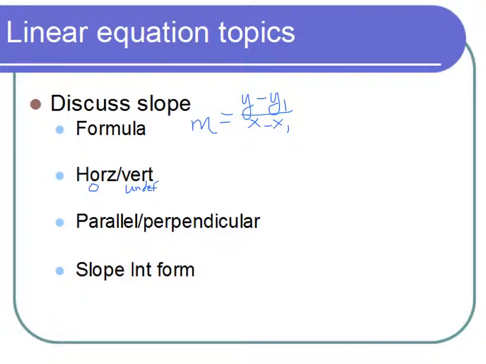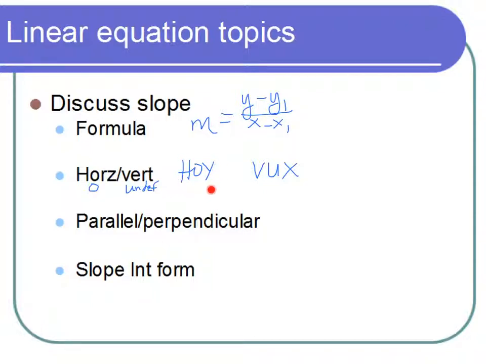You may or may not have learned that little acronym HOY VUX. I kind of like that. HOY VUX. It says that horizontal lines have 0 slope, and their equations always look like y equals a number, like y equals 4, y equals 7.